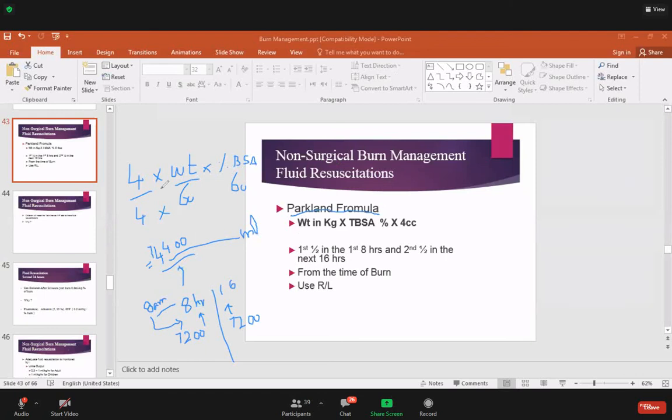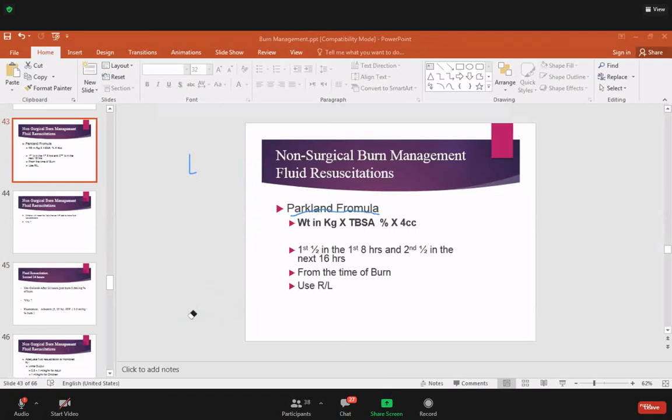Thank you so much. And if we talk about calories in the same patient, I will explain it here, it will be easy for you. Calories you read in nutrition also, the normal body calories are 25 to 40 kilocalories per kg body weight.